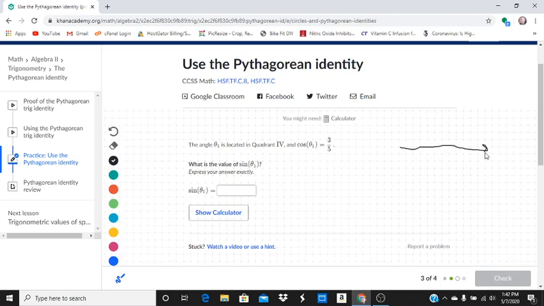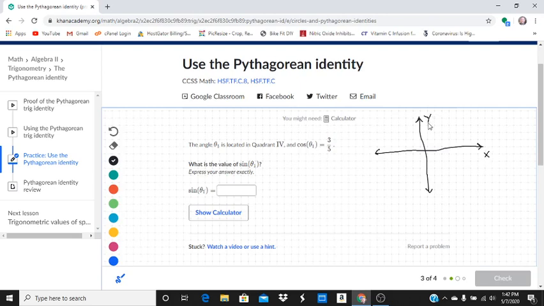Draw out our quadrants. Let's do a little bit better drawing of that. Bear with me. I'm not great with this tool. Just as a reminder, this is quadrant 1.